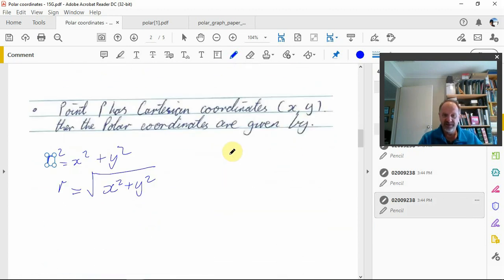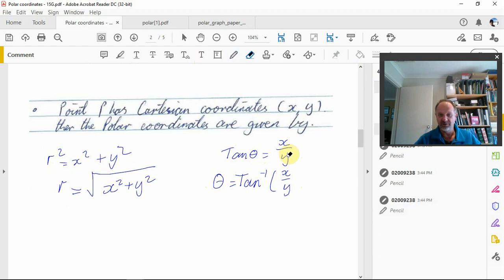So tan theta would be, oh, that's the wrong way, opposite over adjacent, not adjacent over opposite, silly me.